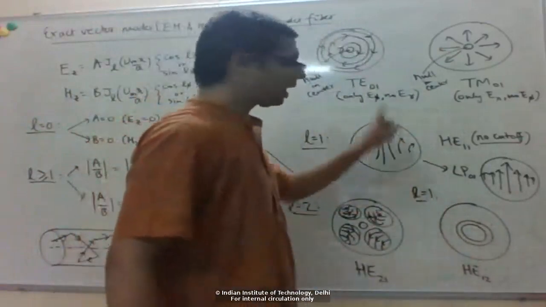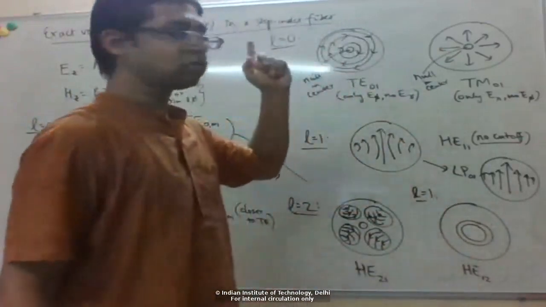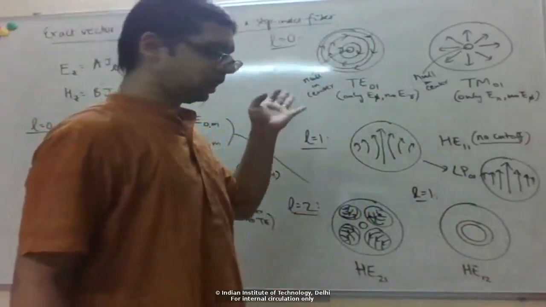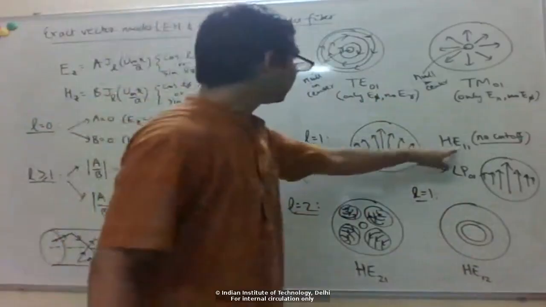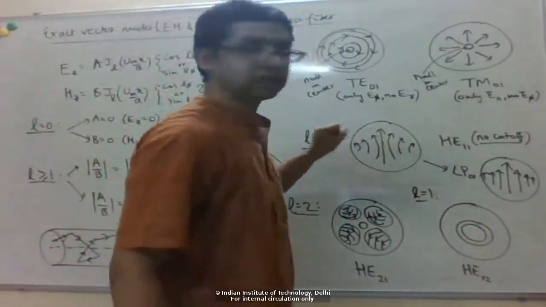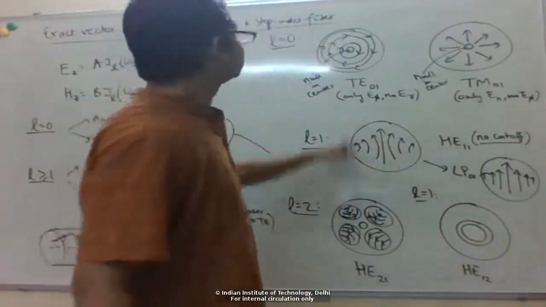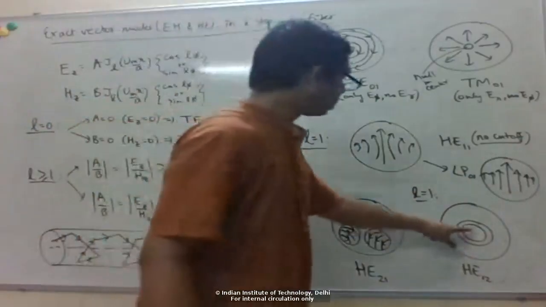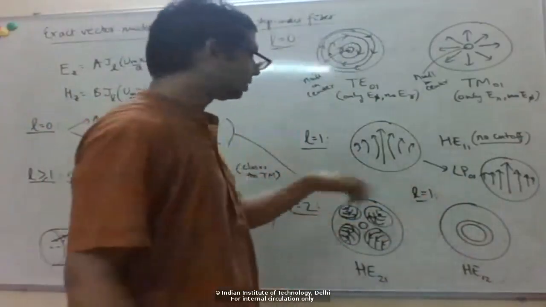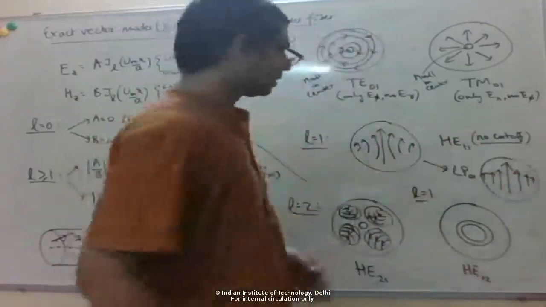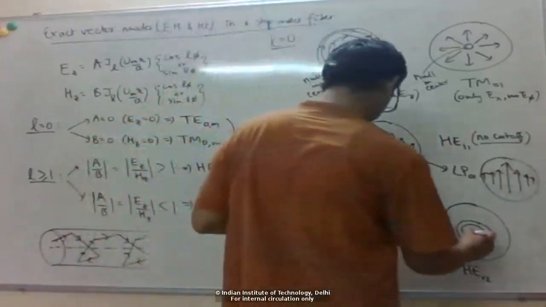Again, L equal to 1 means we'll have J0 in the field profile, and J0 means that it will be finite at the center. That's why, for example, HE11 has maximum amplitude in the center, unlike these other modes, which have a 0 at the center. Similarly, HE12 will also have a maximum at the center because it's J0, but M is 2, so there will be 1 zero along the radial direction.